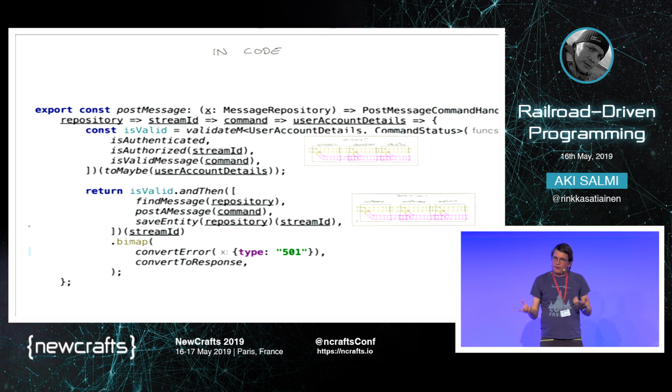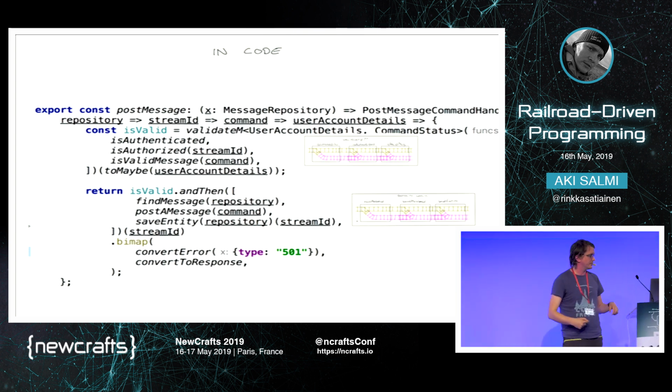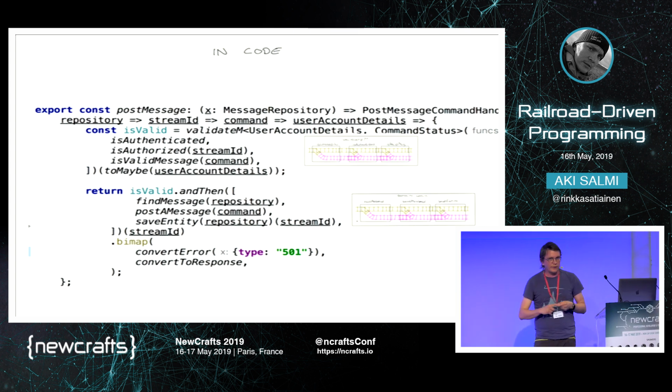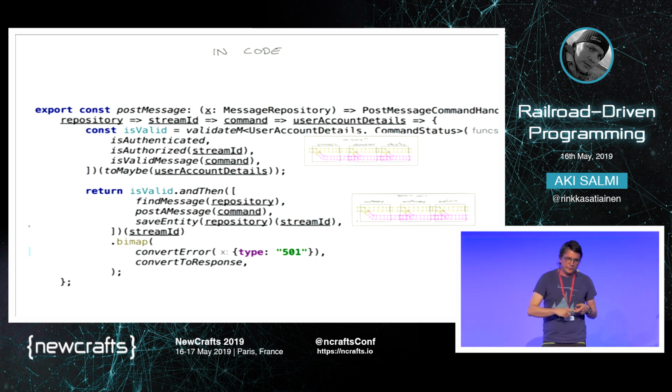There I do the findMessage, I go to the repository, and whatever I get from the repository, I pass to the next function, which is postMessage, which takes a command and sort of returns a function that takes whatever findMessage returns. So I chain these functions together, and whatever postMessage returns is passed on to saveEntity repository stream ID, and there is a third argument that is not visible here.